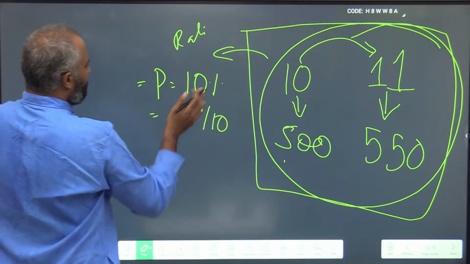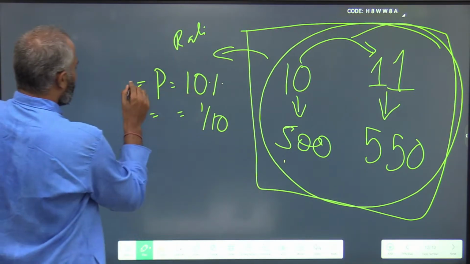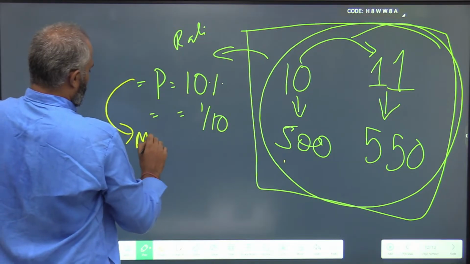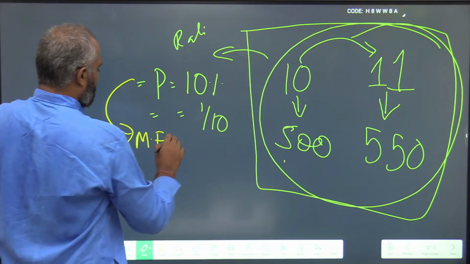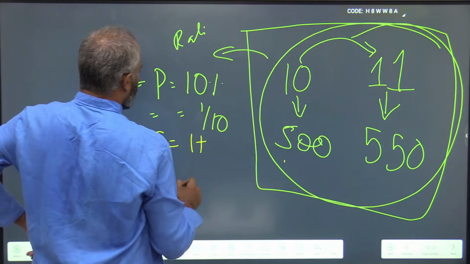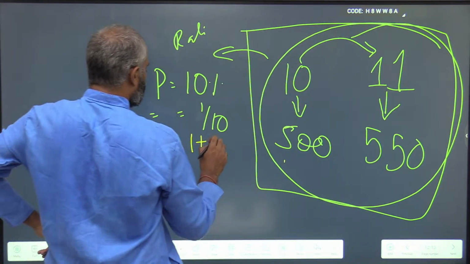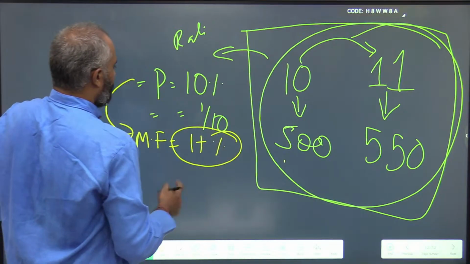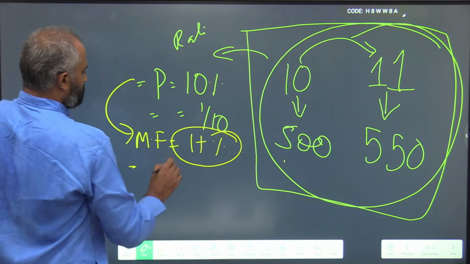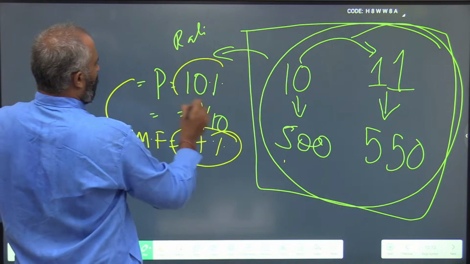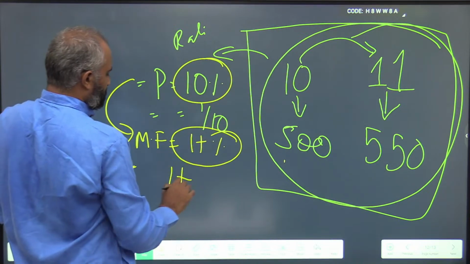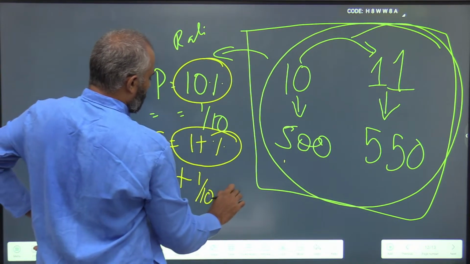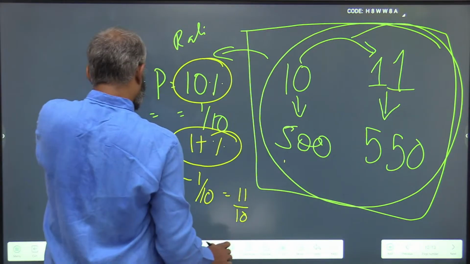Now the same way we can use a multiplication factor too. What is your multiplication factor? Multiplication factor is 1 plus the percentage. So 1 plus, what is the ratio of 10%? It is 1 by 10. So the multiplication factor is 11 by 10.